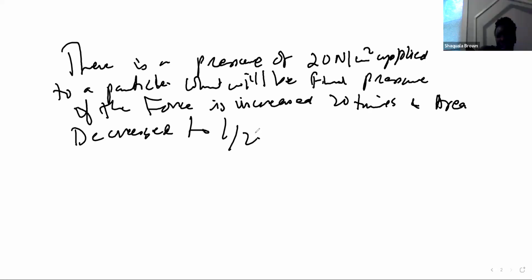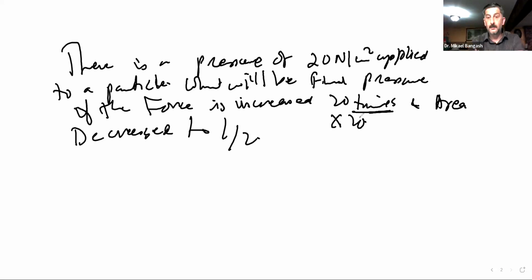Isn't increased by supposed to mean you add it? I thought you were supposed to multiply it, because it's increased by 20 times. Exactly. So that's 400, and half of that.